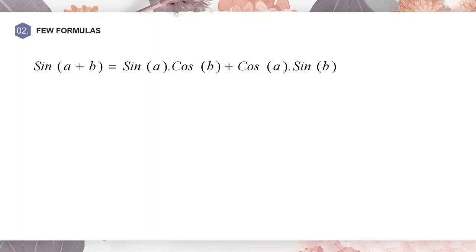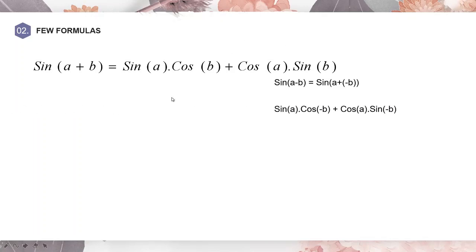So sine of a plus b is equal to sine a cos b plus cos a sine b. What about sine of a minus b? Let us check. Now sine of a minus b, I can always write it as sine of a plus minus b. A minus b means a plus minus b. Now let me use this formula.